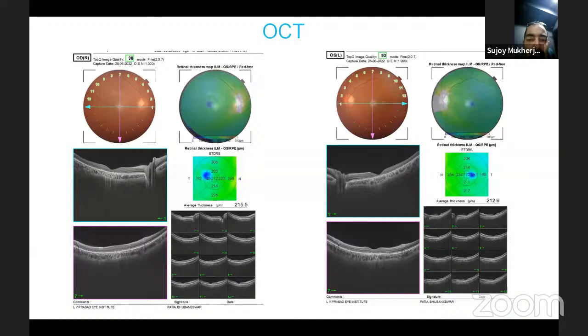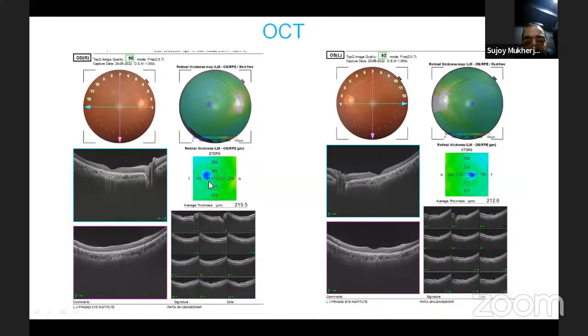At the bottom of those two fundus images, one is the color and one is with the elevation depression map. The first one is the OCT scan, which is taken horizontally, and just below that is the one taken vertically.